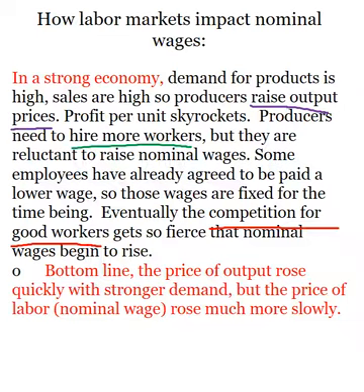And when that starts happening, the experienced workers are going to demand an increase of their wages, and now you finally have wages going up. So what happened first? Prices went up. Eventually, that will lead to the price of labor or nominal wages going up, but it's going to be slow because nominal wages are sticky.